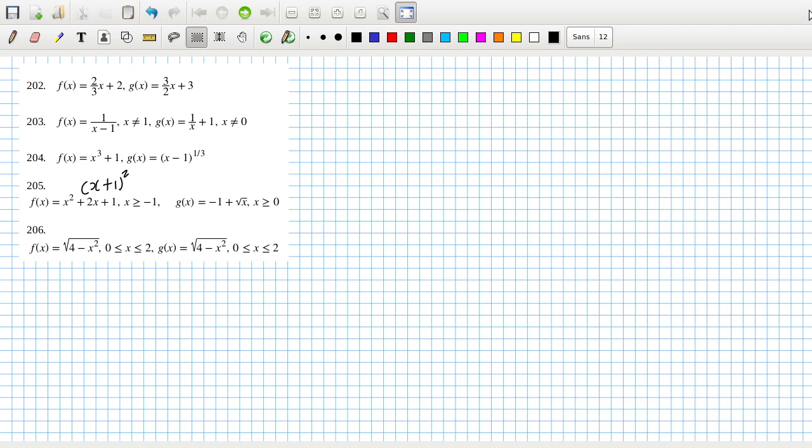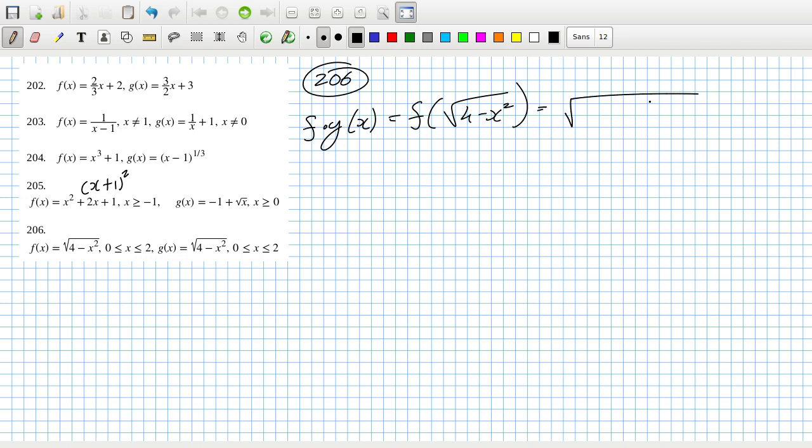Okay. 206. f of g of x. That's f of root 4 minus x squared. That is equal to root 4 minus root 4 minus x squared.